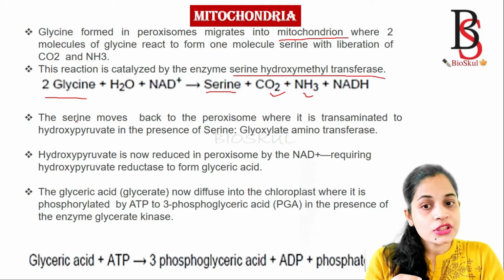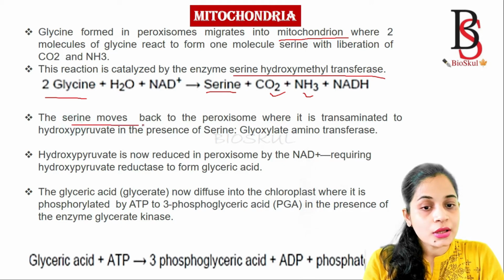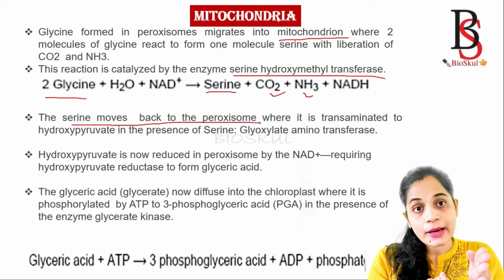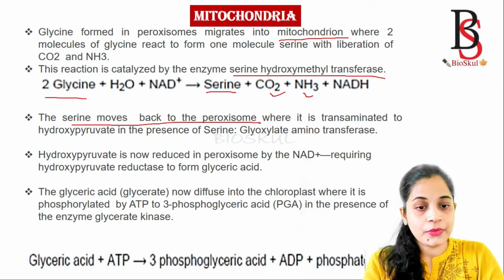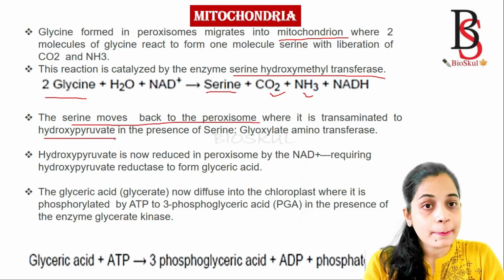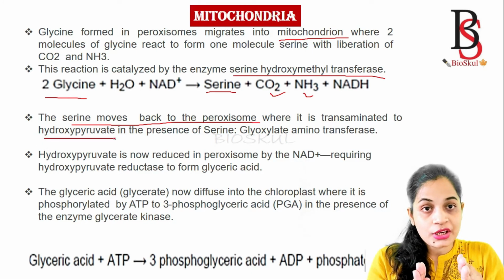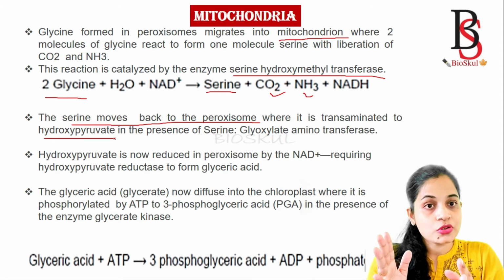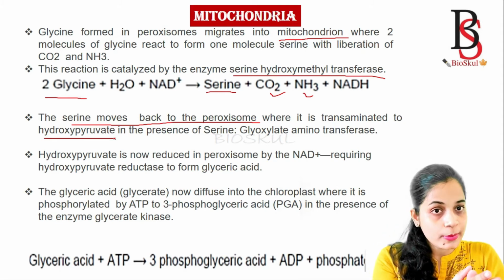The serine which is formed in the mitochondria will move back to the peroxisome. In the mitochondria, first the glycine migrates from the peroxisome into the mitochondria.